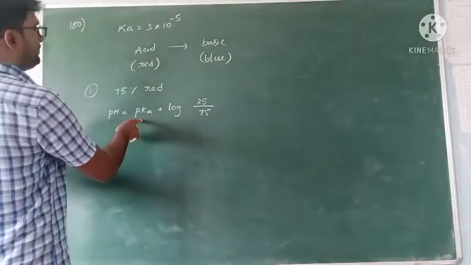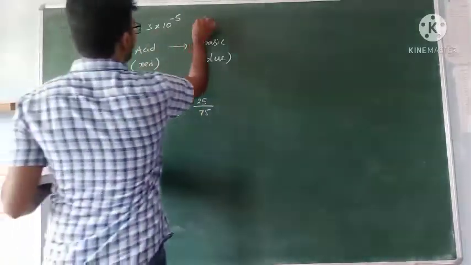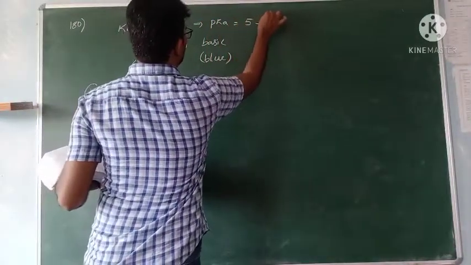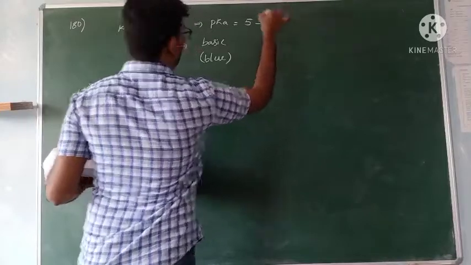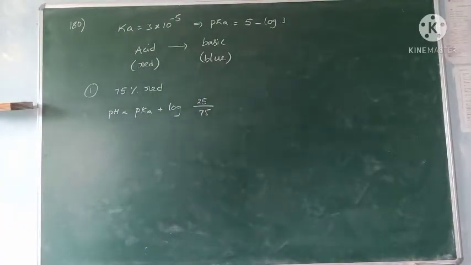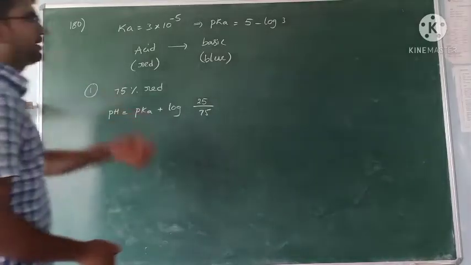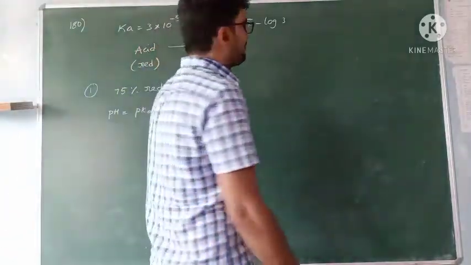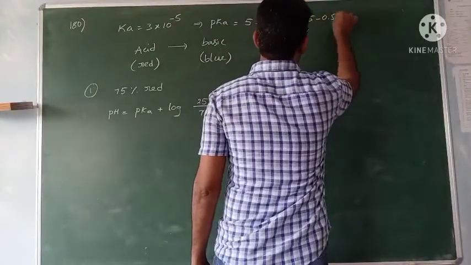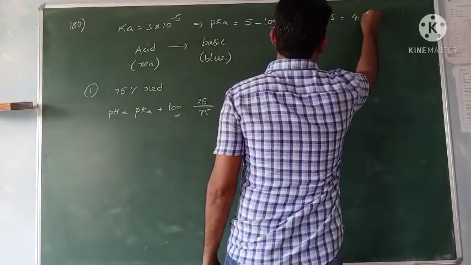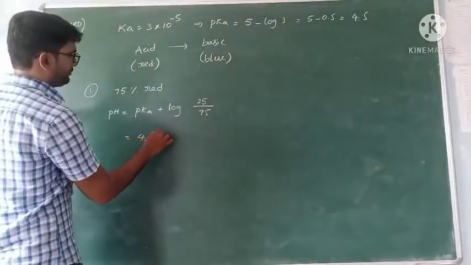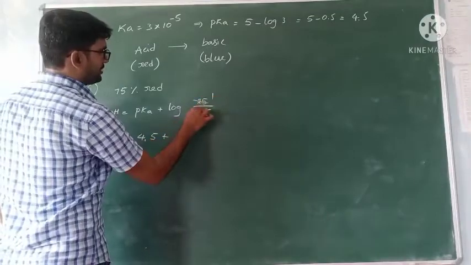So first calculate the pKa value. Ka value is given. Then pKa is equal to 5 minus log 3. What is the log 3 value? Log 3 value is equal to 0.49, approximately taken as 0.5. 5 minus 0.5, that is 4.5. So pKa value is equal to 4.5 plus, this is 25 ones, 25 threes.